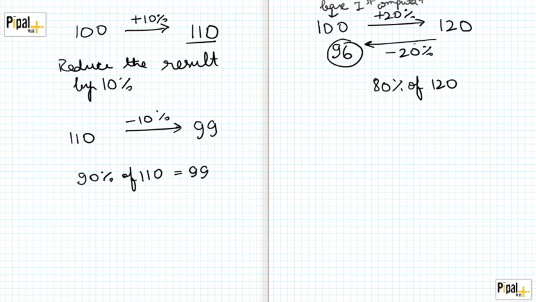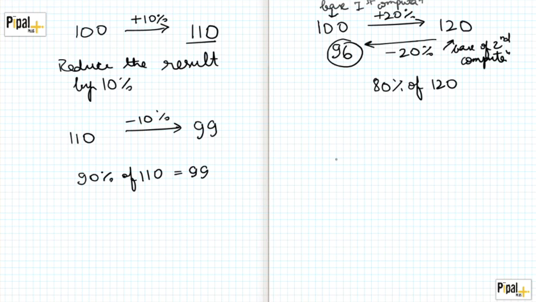So 20% of 120 is actually 24. So this is the base of the second computation. Therefore, despite the percentages being the same, we do not end up at the same number that we start with.